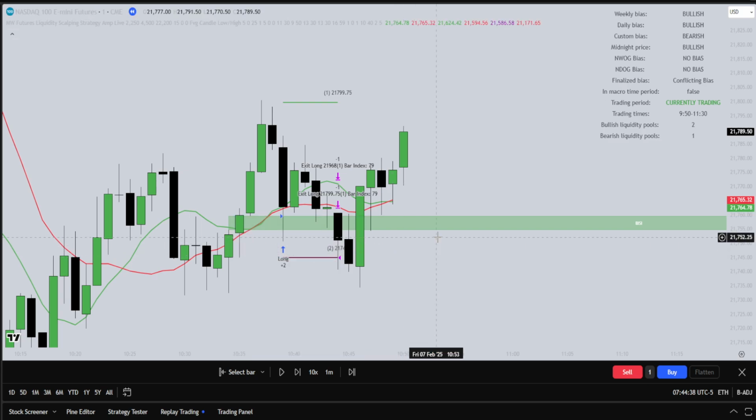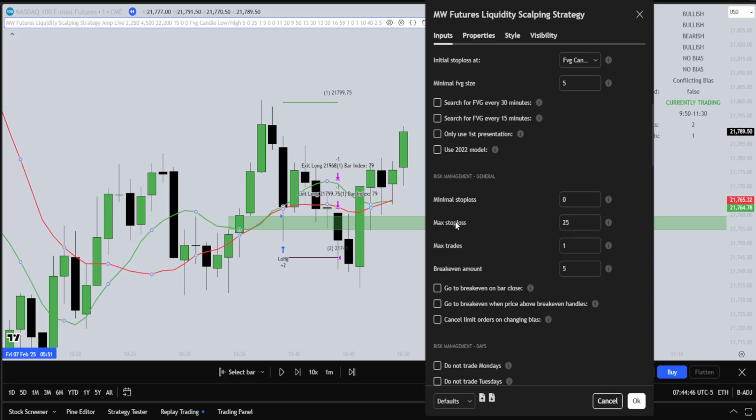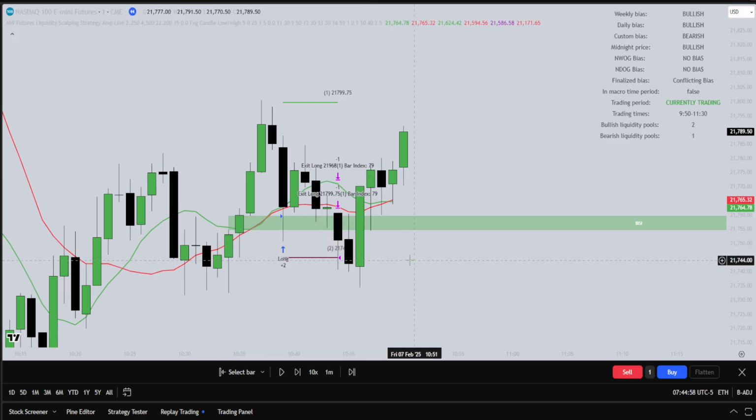So when we inspect this trade, we see that with the previous change that we made, we changed our max stop loss to 25. We see that our stop loss of 25 handles was not exceeded because we have a stop loss of 14.5 handles, correct?